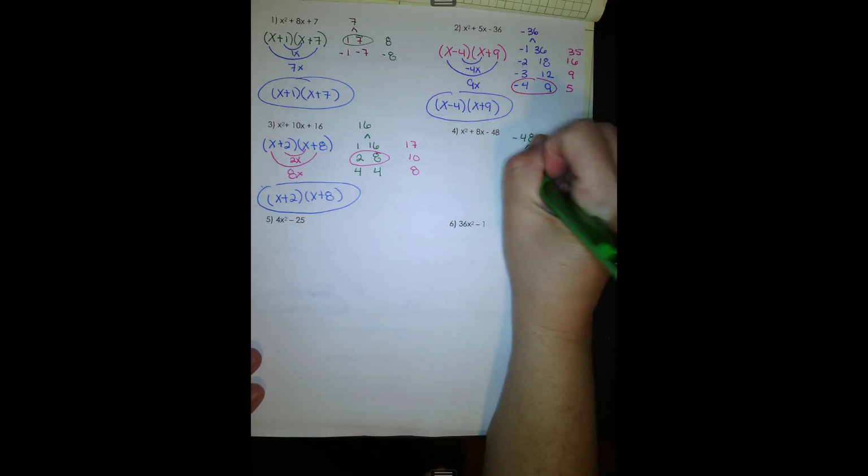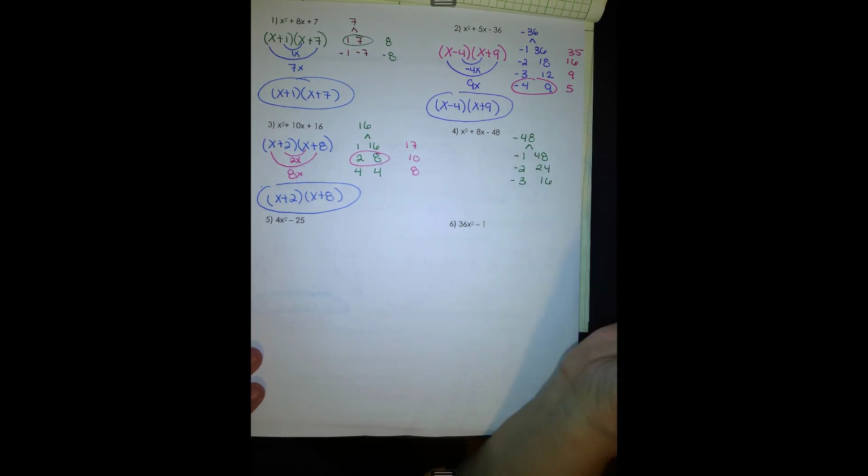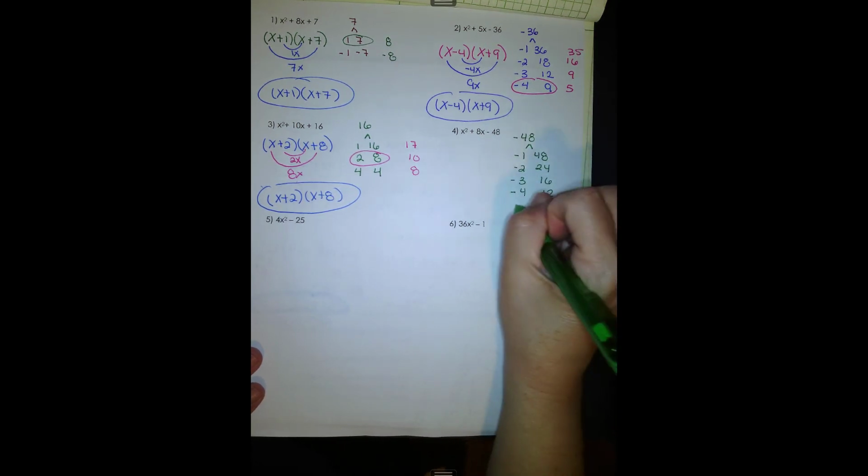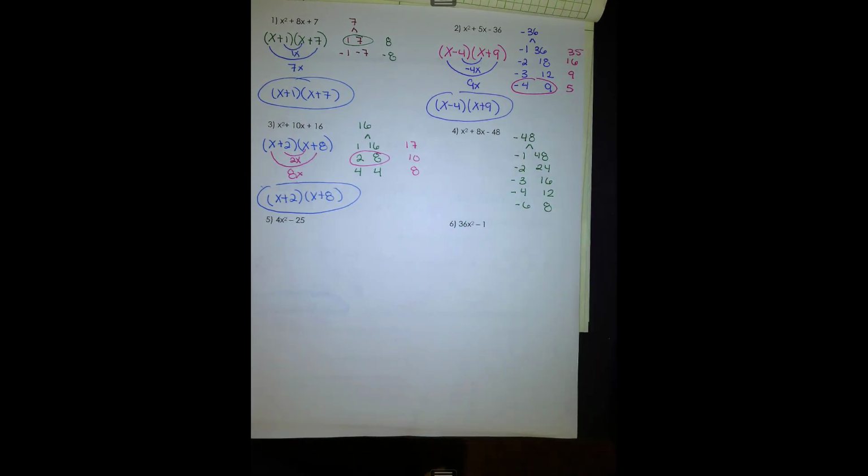So we're going to go ahead and start with negative 1 and 48, negative 2 and 24, negative 3 and 16, negative 4 and 12, negative 6 and 8. And what happens when we add those together?